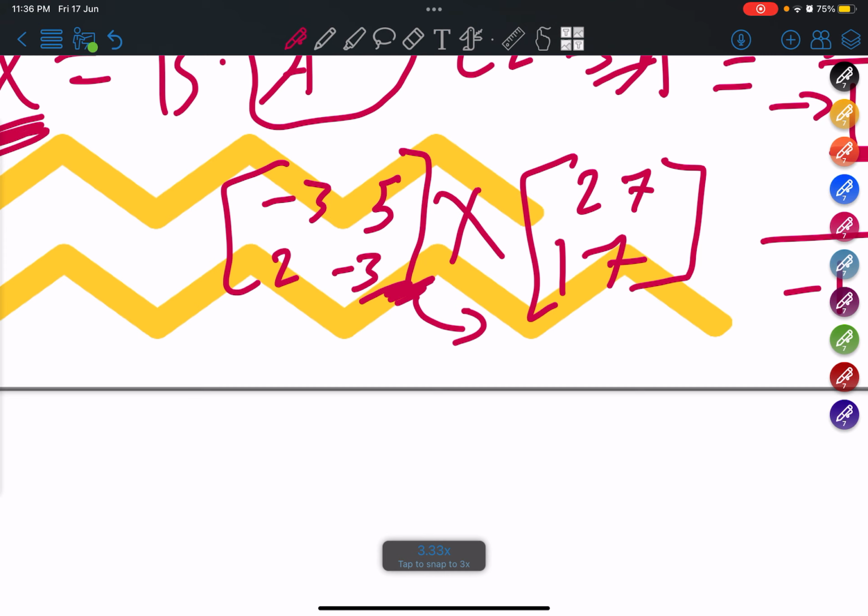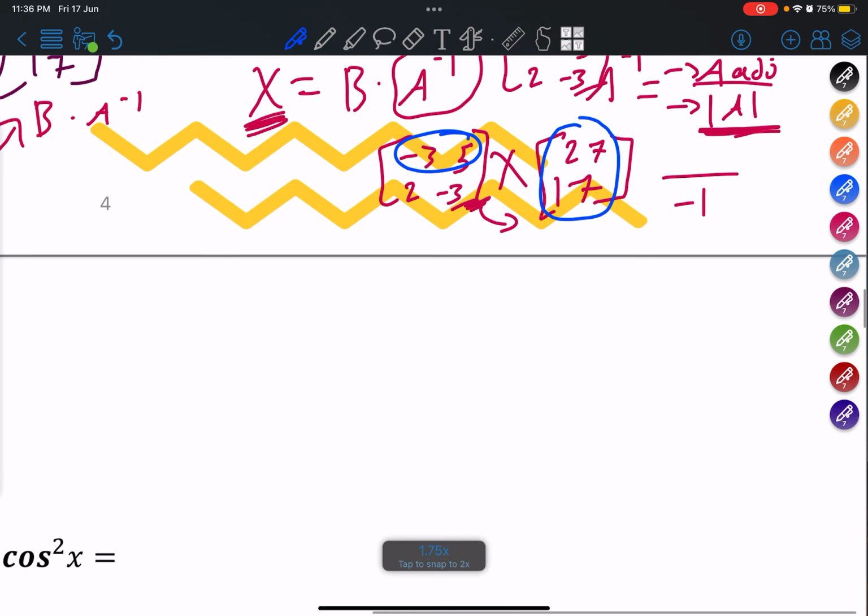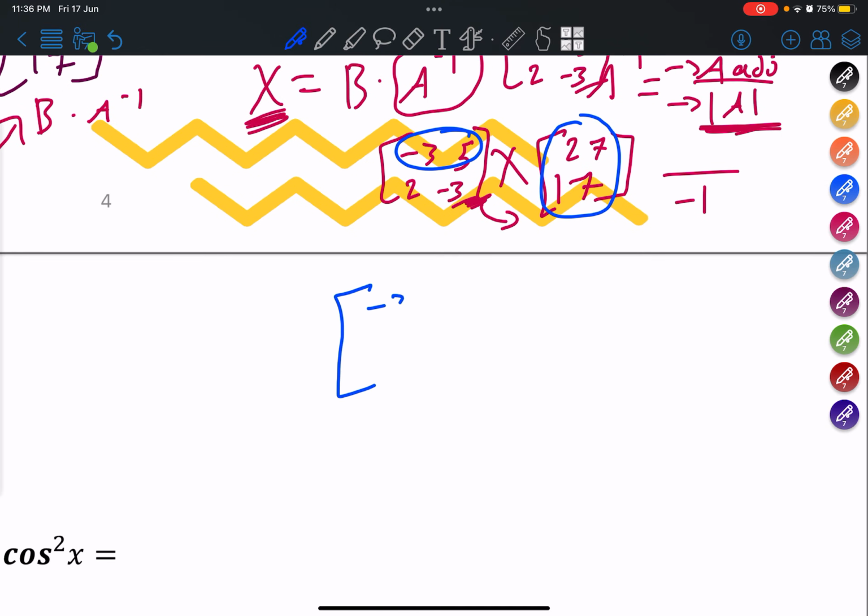So we'll take the first row and multiply it by the first column. So it'll be negative 3 times 27, first element with first element, plus second element with second element, so 5 times 17.